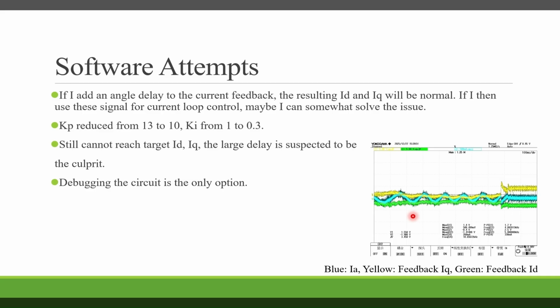The large delay is suspected to be the culprit. Here you can see IQ should be 0.5, but it is in actuality far from 0.5. And ID should be 0, but now it is even lower than 0. Debugging the circuit is the only option. However, sadly, there's no time to do so.